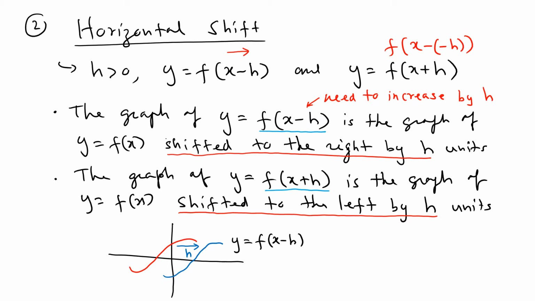So you read the values from the original graph. You can see, because the y value stays the same. That's the whole point: the y value stays the same. To get this value, you actually read this value, because you do not change the y values; they stay the same, because it's an inside change. That means it doesn't happen in the y direction, it only happens in the x direction.